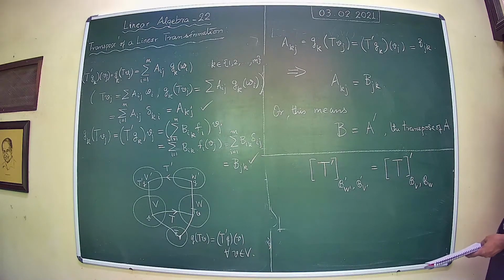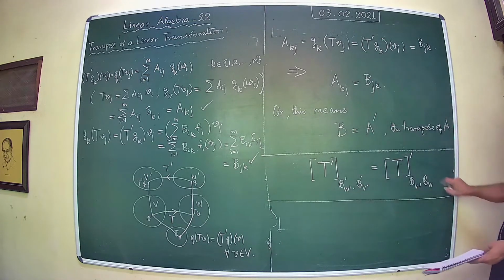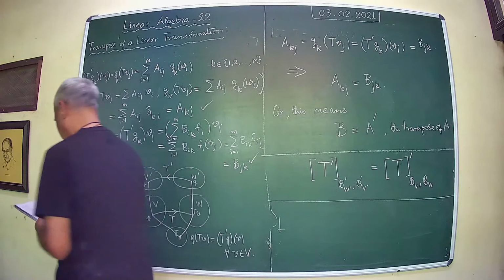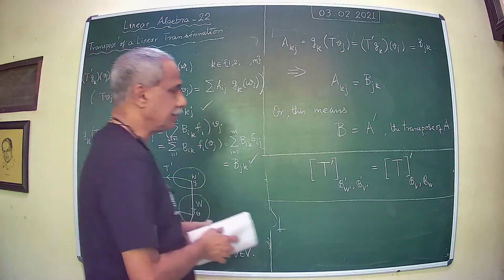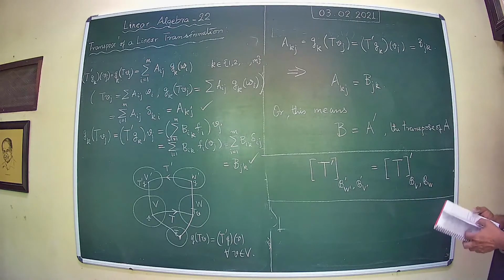Okay? This is the relation. So this prime stands for transpose. Okay? So that completes the proof of what we were trying to do.